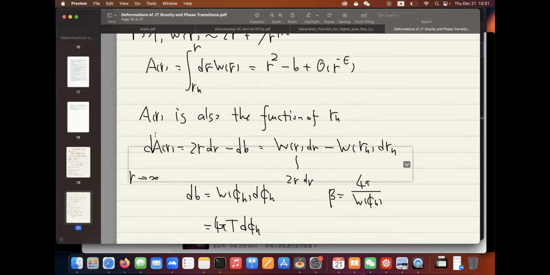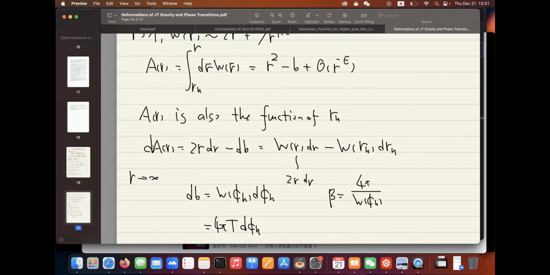Sorry, you need to think that AR is also a function of RH. This thing is not a constant, but a variable. So then we take a derivative on both sides.